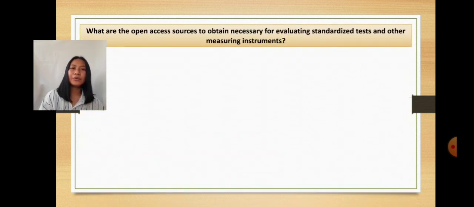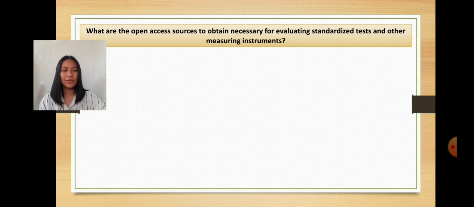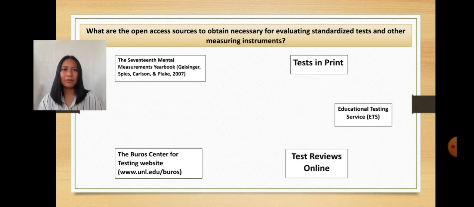So we are going to move on with what are the open access sources to obtain information necessary for evaluating standardized tests and other measuring instruments. So here are examples of open sources that you can see on the internet.